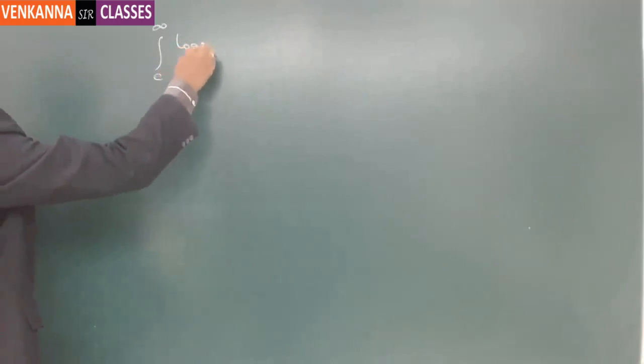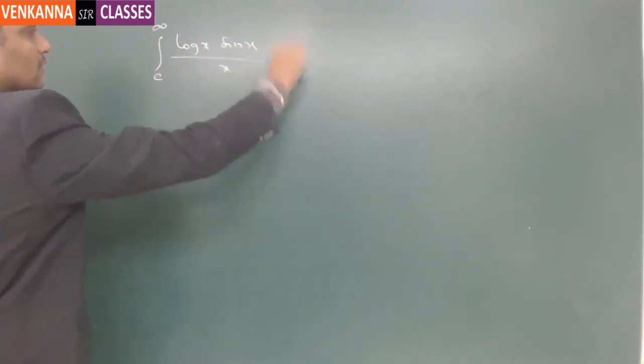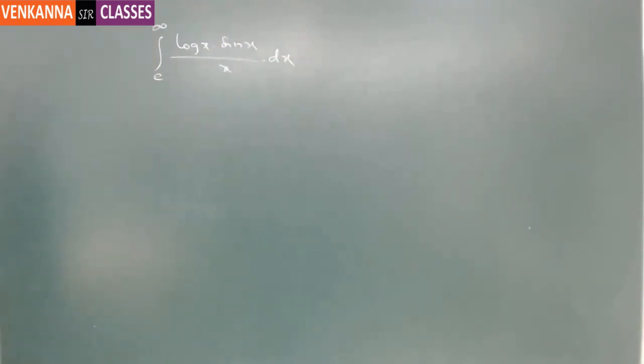So the other problem I want to take is integral e to infinity log x into sin x by x dx. This problem is also similar to integral a to infinity.